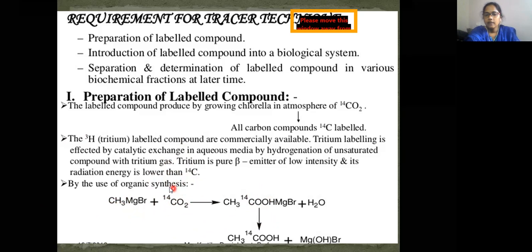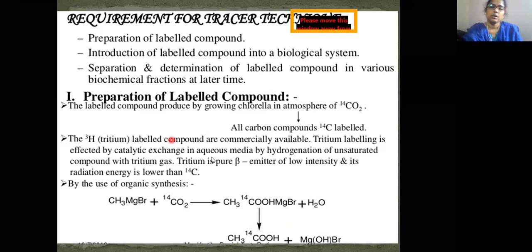So here we have the C14, so the intermediate formed will also have the C14, right? Now upon hydrolysis, acetic acid, CH3COOH, is formed. Now the intermediate contains the radio labeled carbon, so the final product acetic acid will also contain the radio labeled carbon.